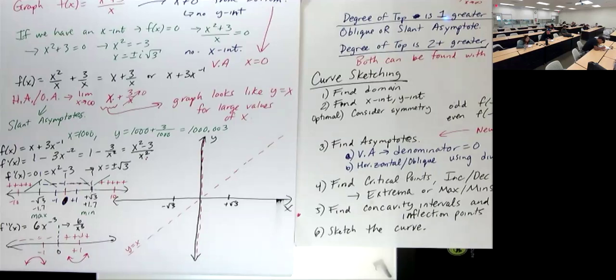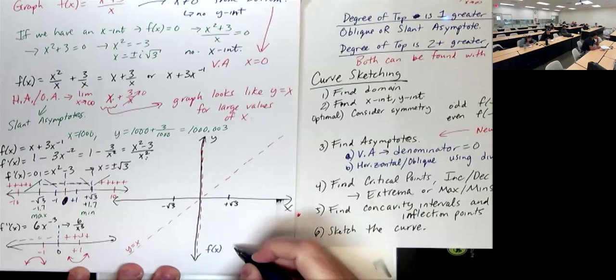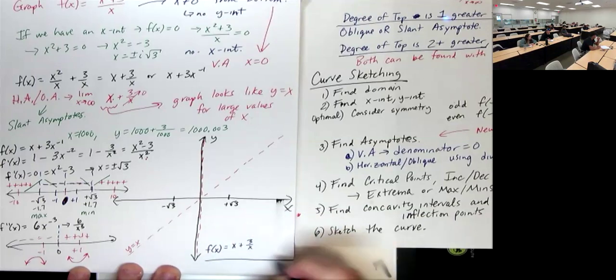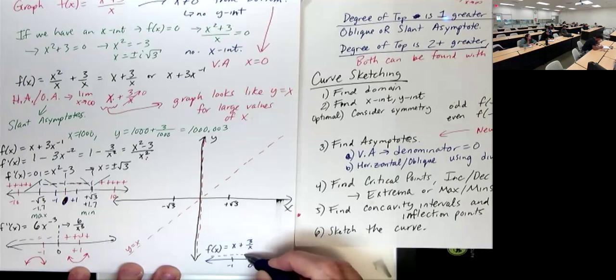One other thing I'm going to do that I think will help us, it's not necessary, I'll show you the argument why in a second. But let's do a sign chart for just f of x. When x is negative, this is a negative thing.